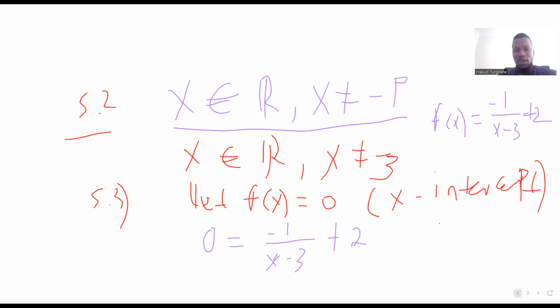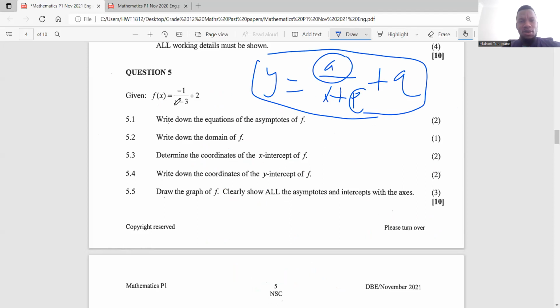To get the y-intercept, we just let x equal 0. So if we substitute, f of 0 equals minus 1 over 0 minus 3 plus 2, right?